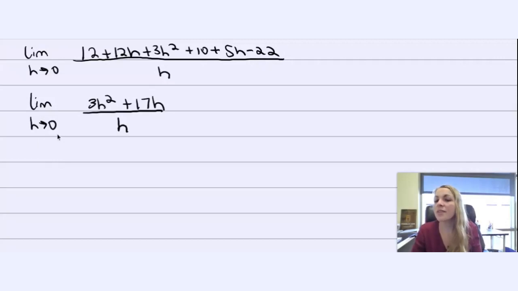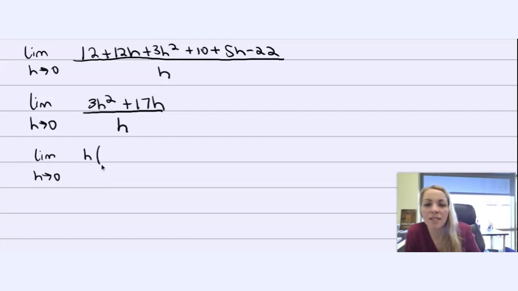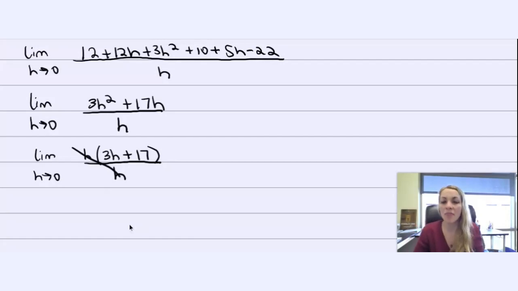Now, if I evaluate the limit where h is 0 now, I get 0 in the denominator, which is undefined, and I don't want that. So what I need to do is I need to factor out an h from the top so I can make a big fancy one. So let's pull out an h. So I have h times the quantity 3h plus 17 all over h. Make a 1 through that.